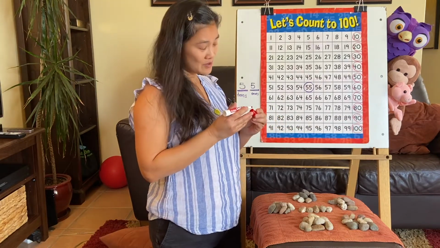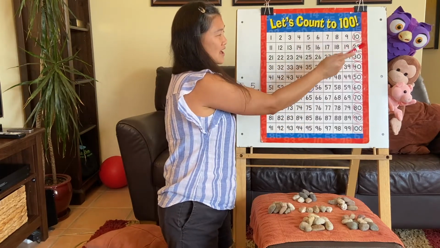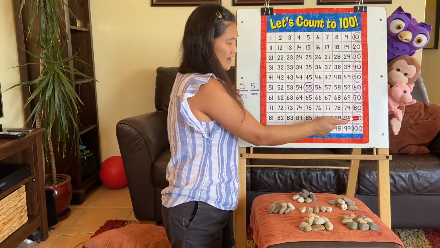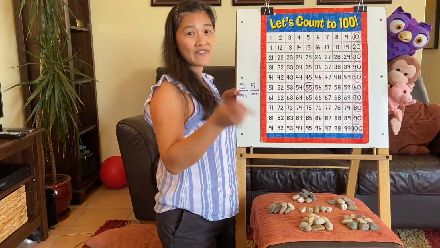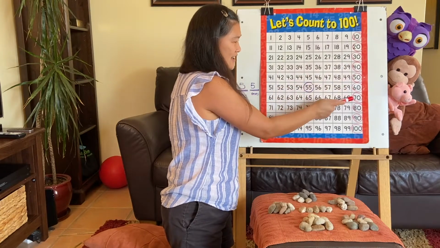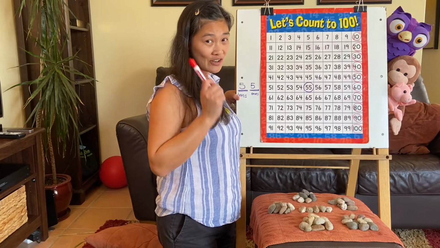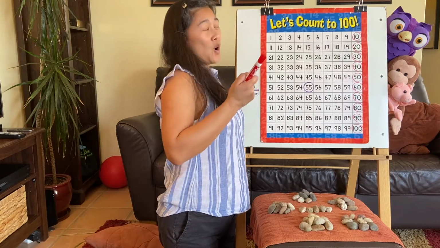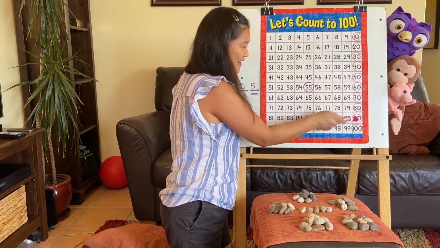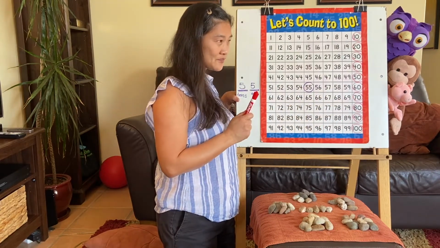I bet a lot of you do. Okay, ready? Go. 10, 20, 30, 40, 50, 60, 70, 80, 90, 100. Faster. Ready? Go. 10, 20, 30, 40, 50, 60, 70, 80, 90, 100. How about super fast? Ready? Go. 10, 20, 30, 40, 50, 60, 70, 80, 90, 100. Ooh, that was fast.